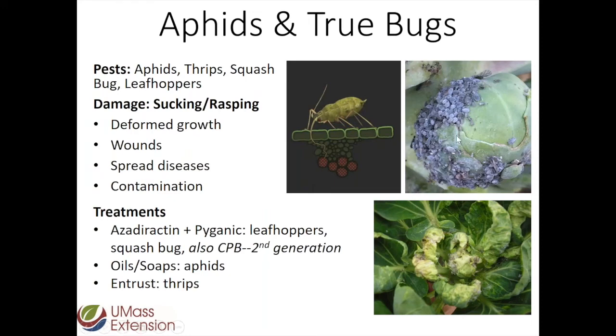And the last group is the true bugs, aphids and true bugs, and we have a lot of pests in this group, leaf hoppers also. They can cause damage in a lot of other ways, not as straightforward as chewing on the plant, but they can cause deformities of the growing points when they get in there.